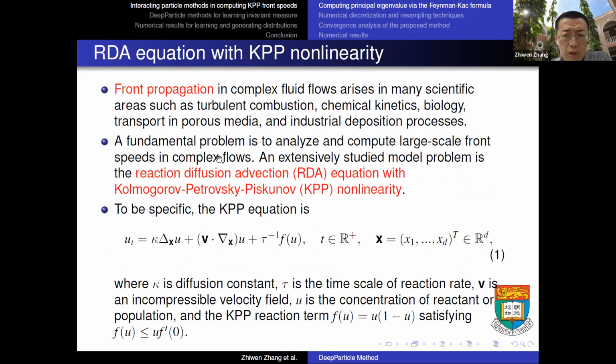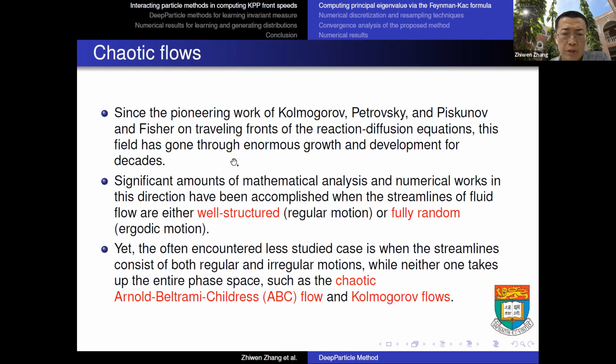This research has been studied for decades since the pioneering work of Kolmogorov and other mathematicians. Many mathematical analysis and numerical works have been done for the case where the fluid flow is well structured, such as regular motion, cellular flow, or some fully random motion.